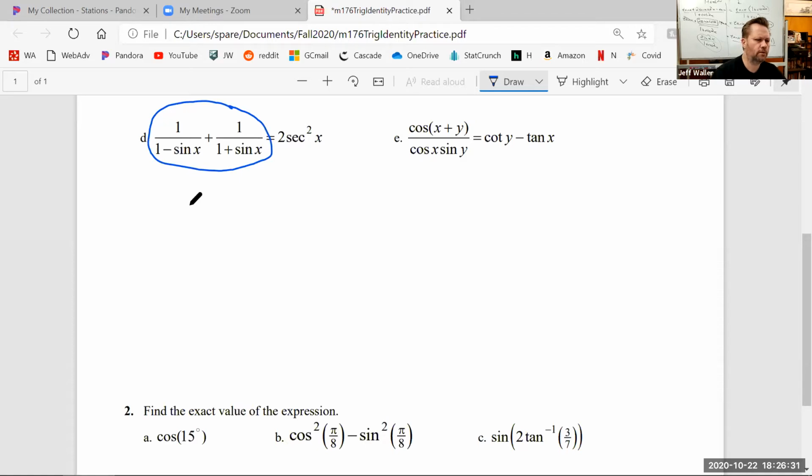How do you mean get rid of the ones? Yeah, that's where I'm looking at it. I don't know how to get rid of the ones. Oh, what's on this side? There are 2 fractions, aren't there? And they're adding. So, what do you do when you add fractions? You put them together. You get like denominators.